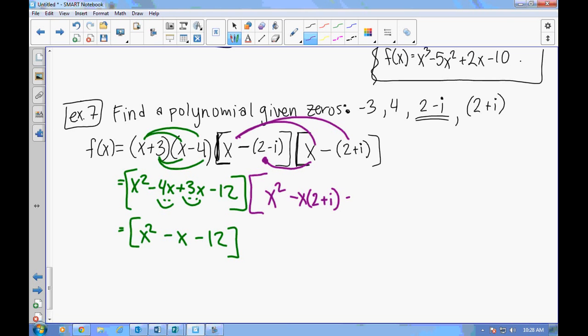So we have a negative x times 2 minus i. And negative 2, we have a negative times a negative, which is a positive, and we end up getting 2 minus i times 2 plus i.